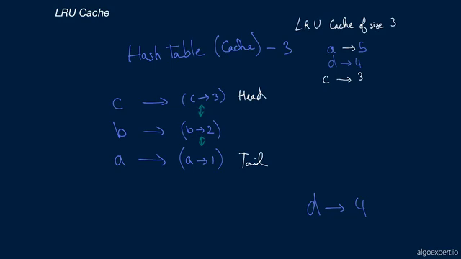So if we want to add D4, the first thing that we do is we check in our cache, which is represented by a hash table, if D already exists. If it doesn't exist, then we check what the current size of our cache is.